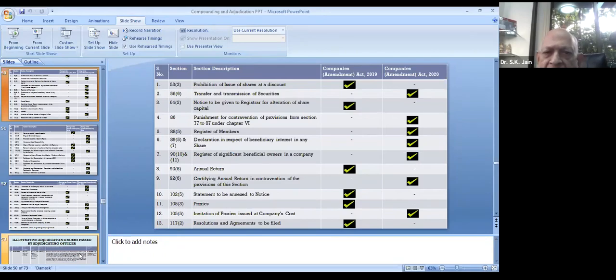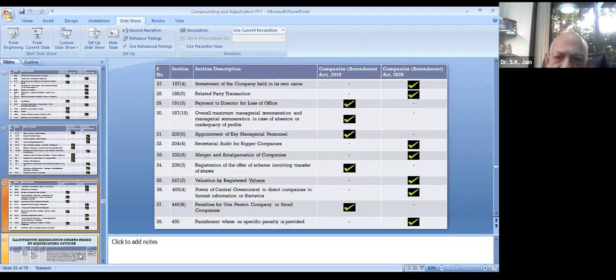In certain sections, the word fine was replaced by the Companies Amendment Act 2020. So you can go through this entire chart. You will find that in many cases, the word fine has been replaced with the word penalty.